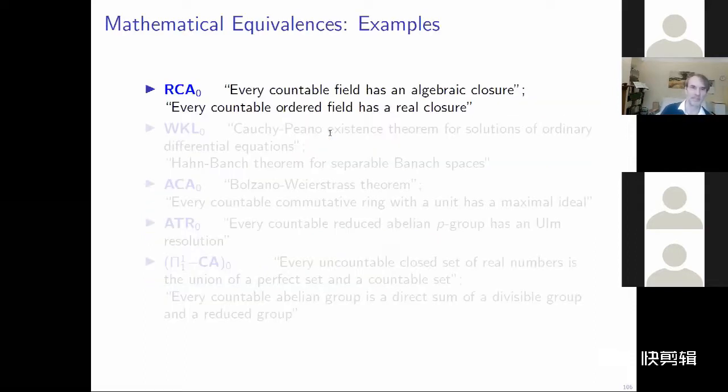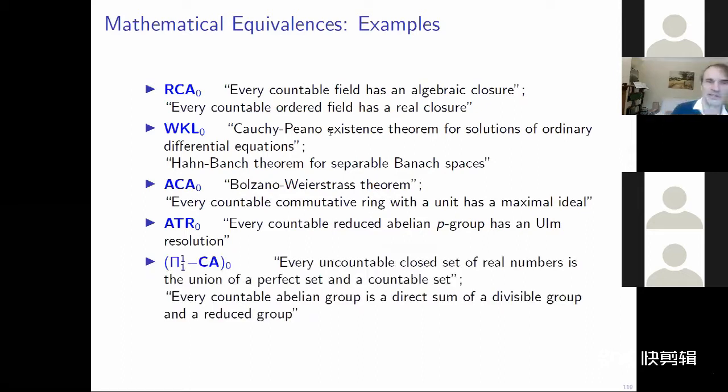Now, just very briefly, here's a bunch of mathematical results that can be associated with these systems. For the very weakest system, recursive comprehension, you can associate that every countable field has an algebraic closure. In the Weak Kőnig's lemma system, you can prove the Cauchy-Peano existence theorem for solutions of ordinary differential equations. If you have arithmetic comprehension, you can prove the Bolzano-Weierstrass theorem.